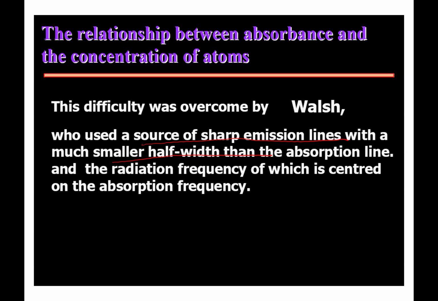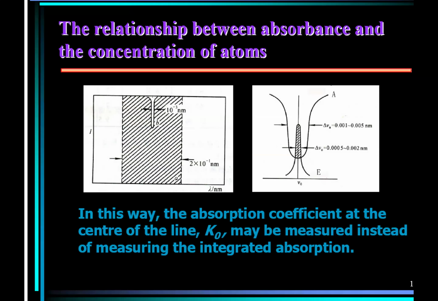This is what we are talking about, within a very narrow window. So the absorption coefficient at the center of the line, you can see here, should be in this range. You can see this range here as pointed out. That is the range we are talking about. He realized that it is in this range, and therefore you need to measure it at the center within that range.